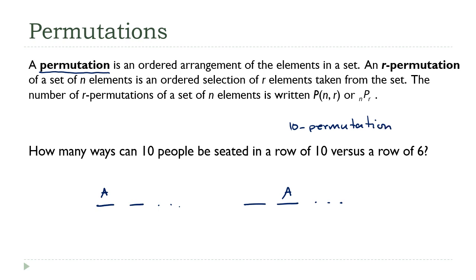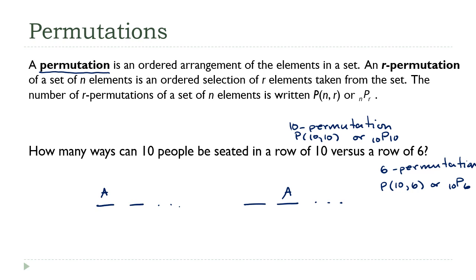And the second one, where we're doing a partial seating, would be a 6 permutation. Now, these last two symbols, that would be P(10,10) or 10P10 for the first scenario, or P(10,6) or 10P6 for the second one.